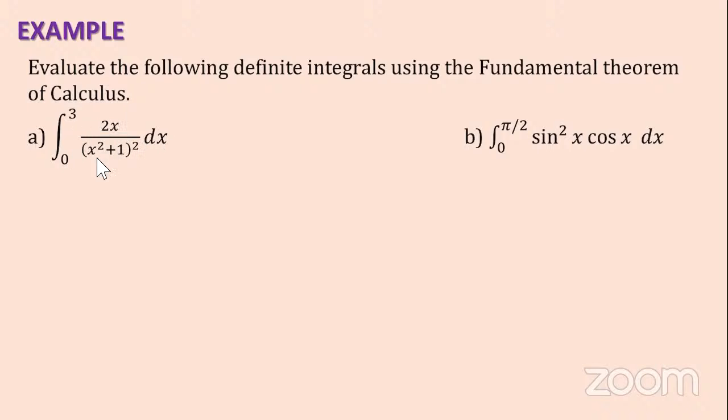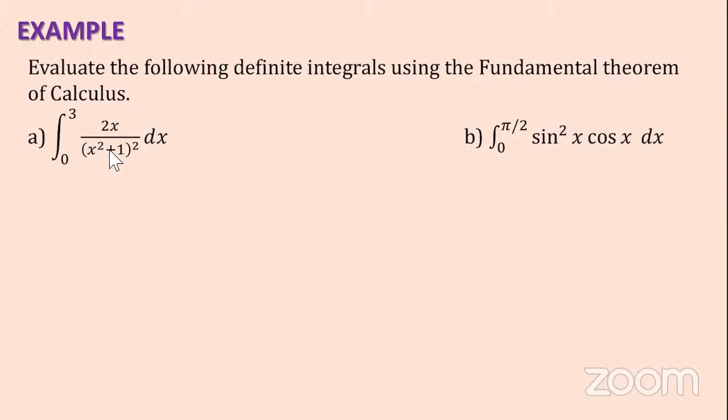If we examine this integral, we see that the derivative of the quantity x squared plus 1, which is 2x, is within the integral. So if the derivative of some part of the integral is there within that integral, then we use u substitution.